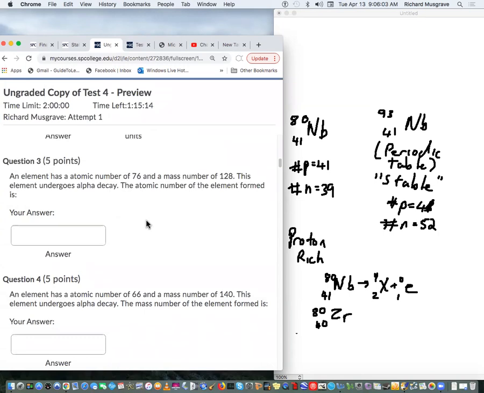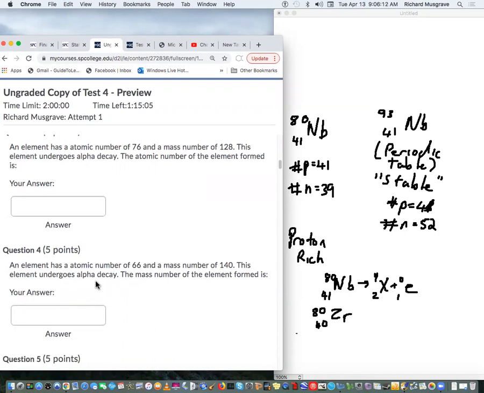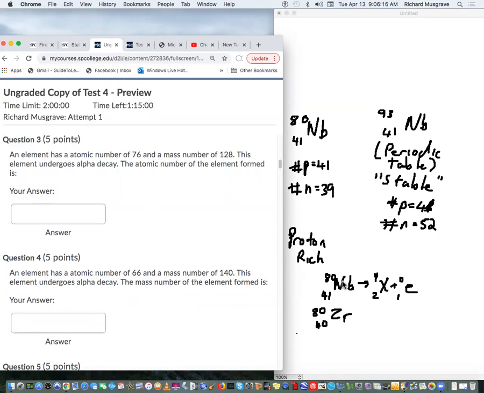An element has an atomic number of 76 and a mass number of 128. This element undergoes alpha decay. The atomic number of the element formed is, and then the same question, but it's looking for the mass number. I'll do this as an example just to show you.